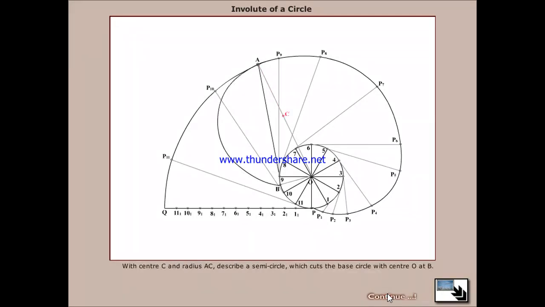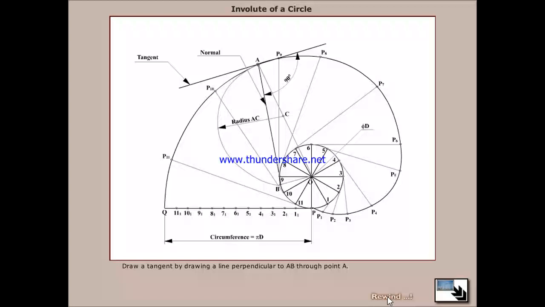With center C and radius AC, describe a semicircle which cuts the base circle with center O at B. Connect AB, which is the normal. Draw the tangent by drawing a line perpendicular to AB through point A.